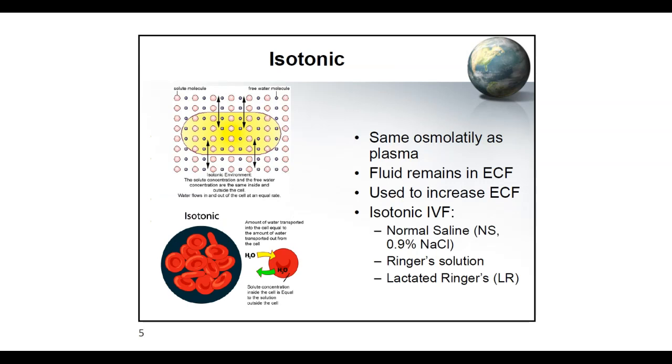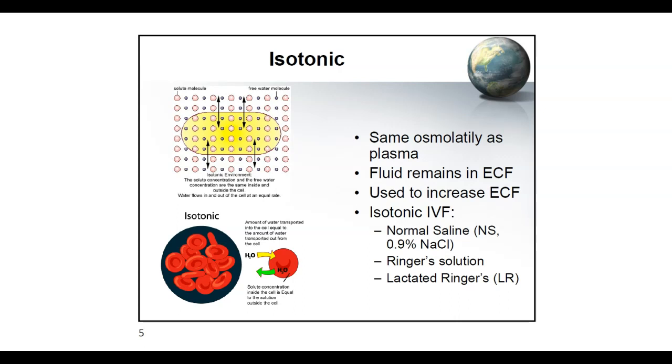So for a normal person, if you give an isotonic fluid, what happens inside the cell? Well, if it's isotonic, meaning they have equal concentration to the serum, the solute concentration and the free water concentration are about the same, right? So the water just flows in and out of the cell at an equal rate.